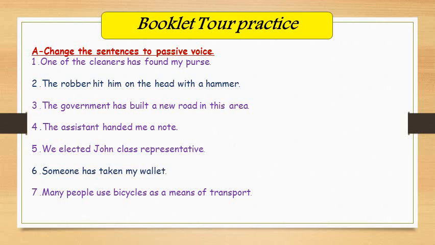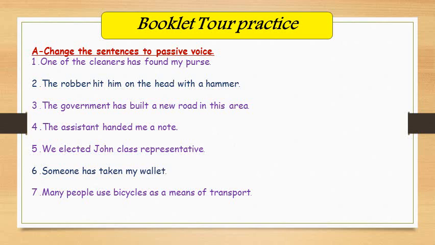Excellent. So we have has or have plus what? Plus the past participle. Okay, so what are our rules to change a sentence from active into passive? What are our common rules?